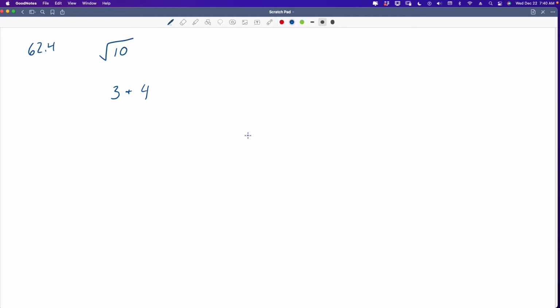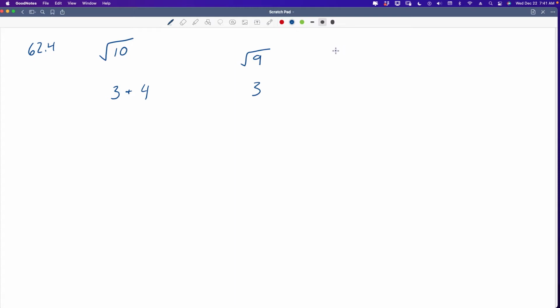All right, now the other thing that you can do without using a calculator is this. You can actually look at your numbers that you wrote down in the previous example problem, and you can say, okay, I know that the square root of 9 is 3, and 9 is 1 less than 10. So it has to be between 3. All right, and then the next number up would be the square root of 11.